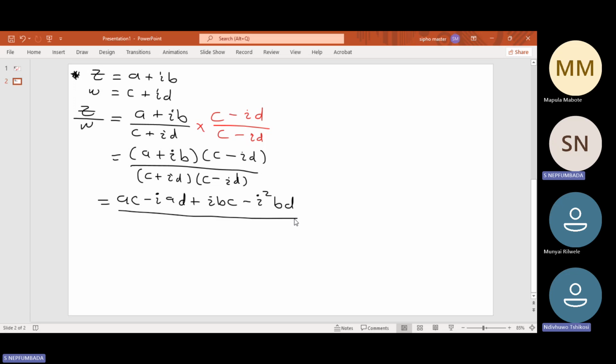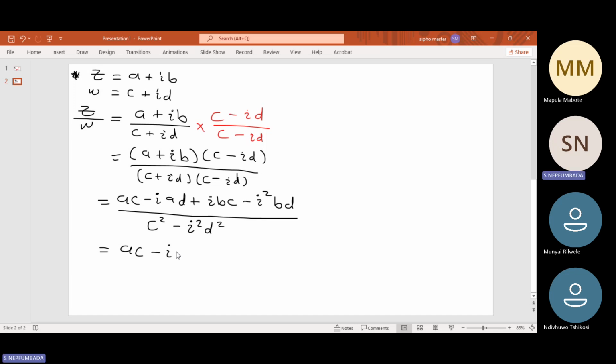Whenever you are multiplying, you must listen very carefully: for the difference between two squares, the first one multiplied by the first one and the last one multiplied by the last one. Then this is equal to ac minus iad.